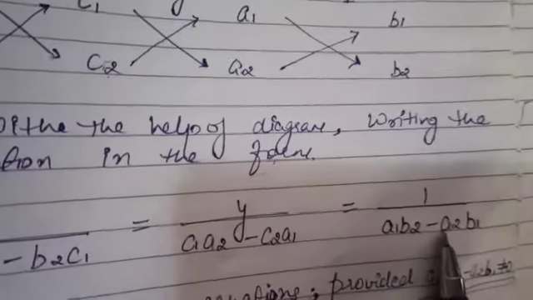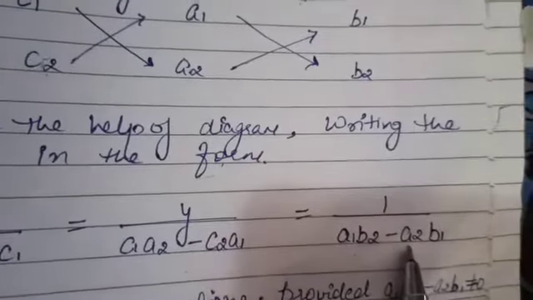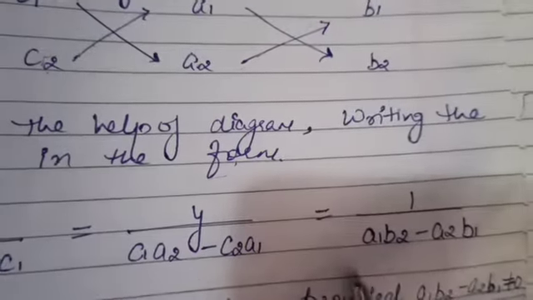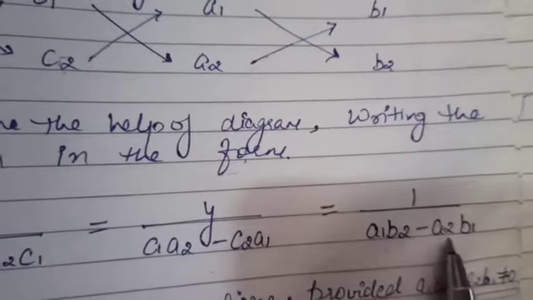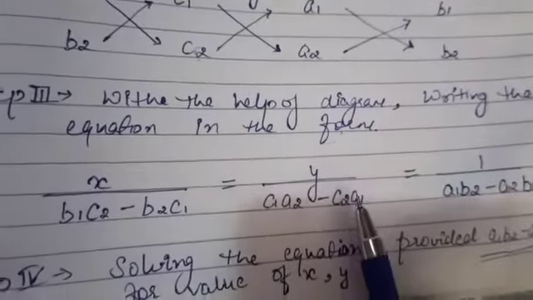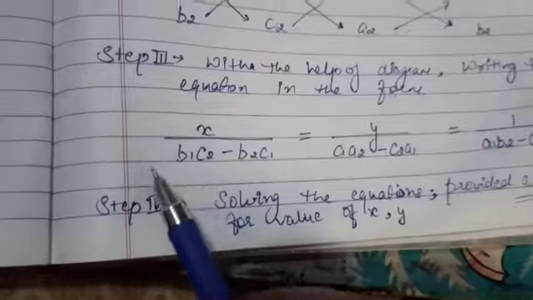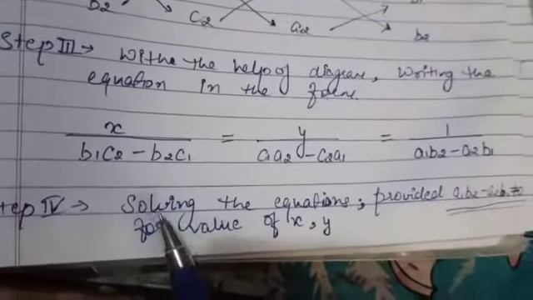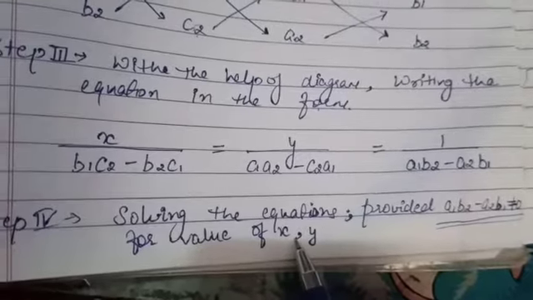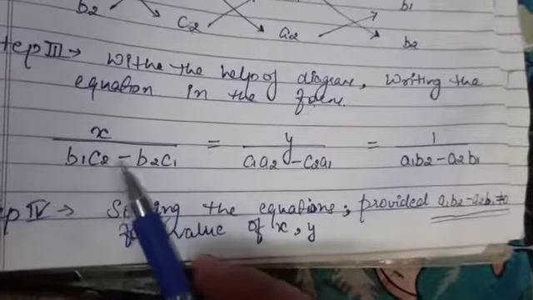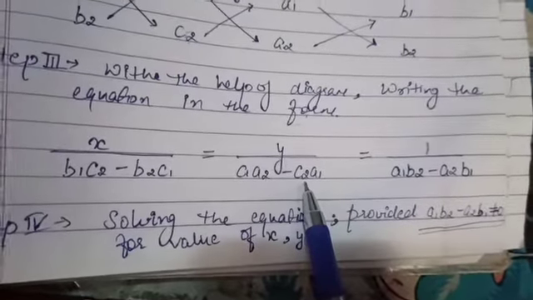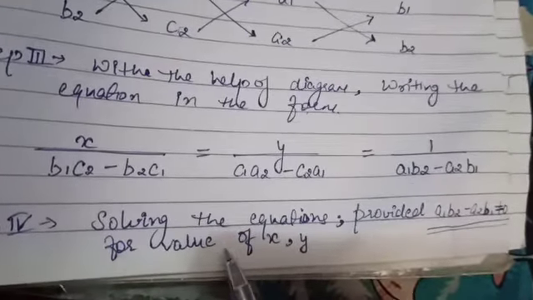Then we will put a minus sign here and a2 will be multiplied with b1. So a1b2 minus a2b1. In this way we will make the equation. And the last step is solving the equation for the values of x and y. We will put all the values of coefficients and constants here, and then solve for x and y.